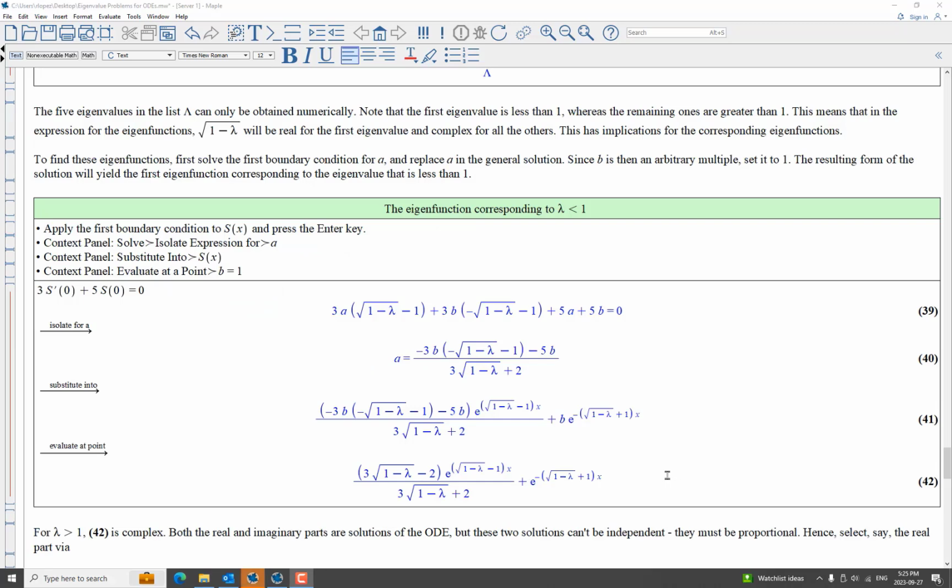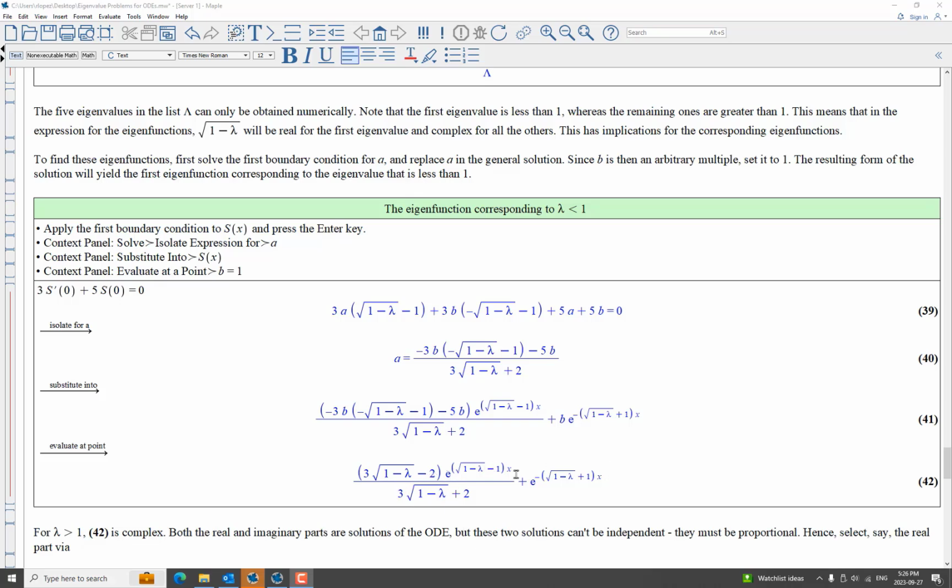Now we know how to get the eigenfunction for that first lambda, 0.455. Lambda is less than 1. You use this expression. We put that value in for lambda. But you can also use this for lambda greater than 1. But now you're going to have complex numbers showing up. That would mean you'd have a real part and an imaginary part.